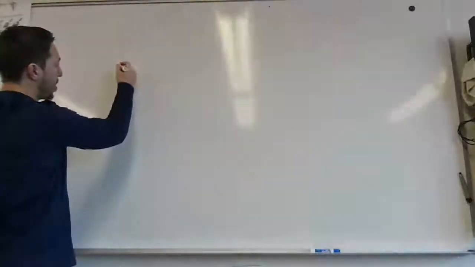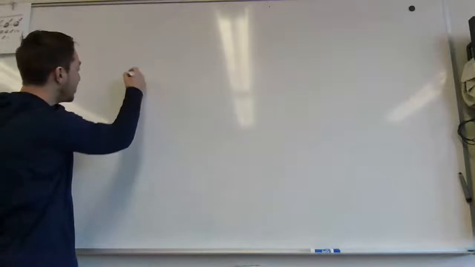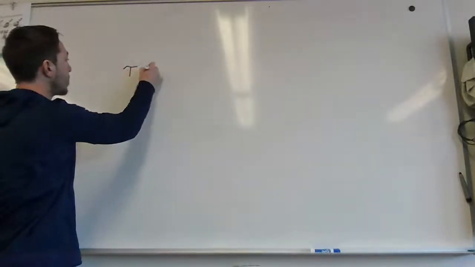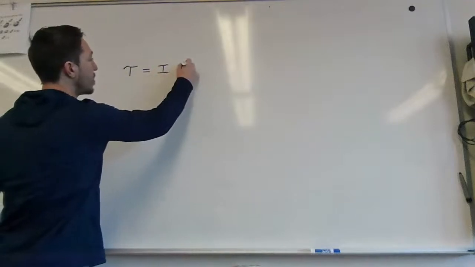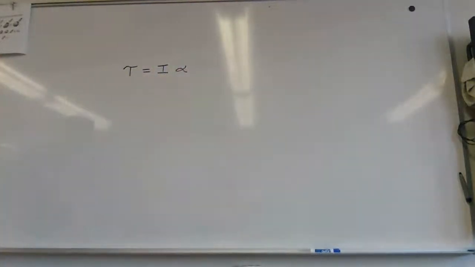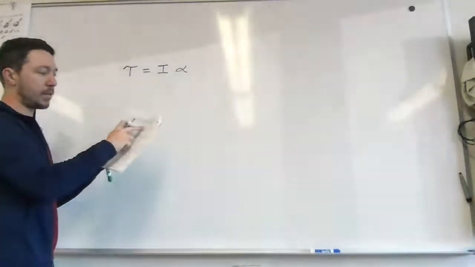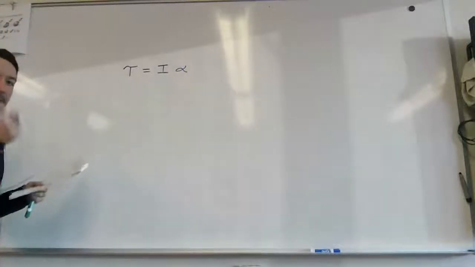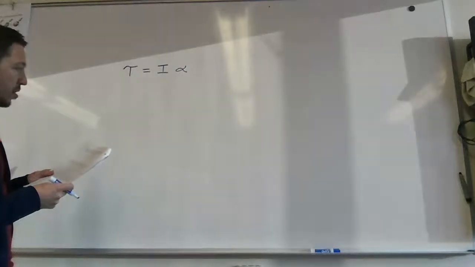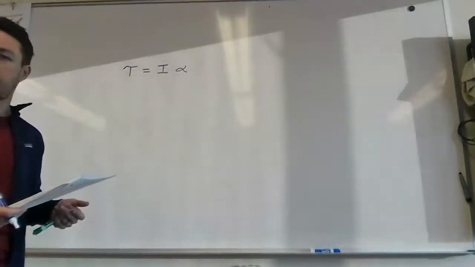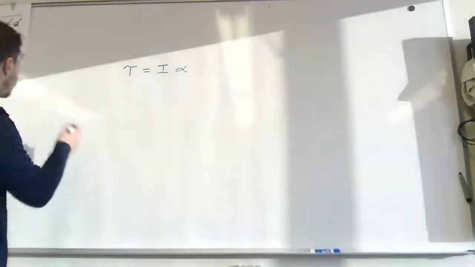Maybe before we do that, let's write out the big famous formula. It's not big; it's actually small. Torque tau equals I alpha. Now, the way this problem is set up, they're giving us things like M, R. They're giving us rotations per second, which relates to frequency.